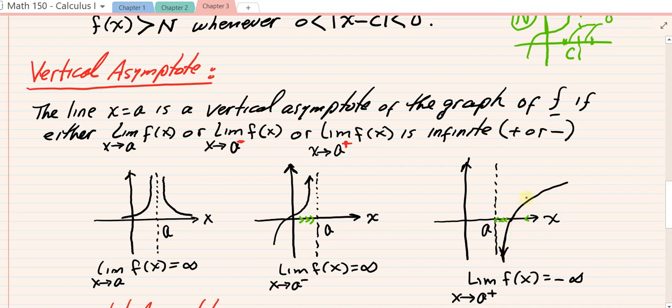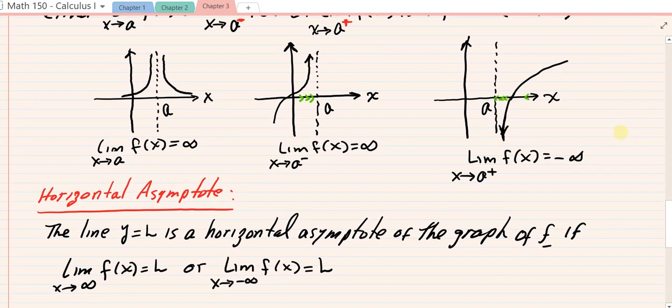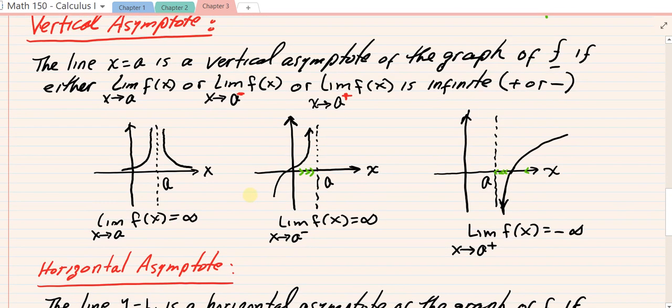Okay, now let's take a look at the horizontal asymptote of the graph. What do we mean by a horizontal asymptote? Well, the definition of the horizontal asymptote of the graph of a function is that a line y, this time, not x, remember x equals a in this case.